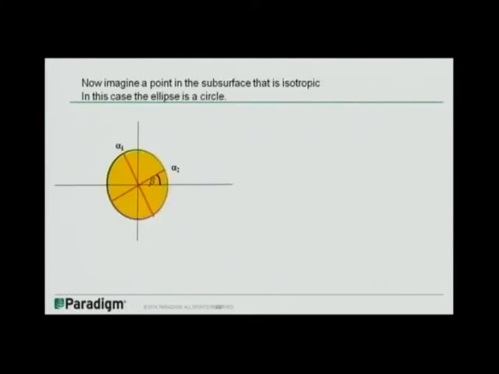Why? Because when we fit an ellipse to a point which is isotropic, the ellipse is a circle. And when you have a circle, you cannot determine the orientation. So the orientation becomes what we call unstable, and a lot of these analyses fail because they're trying to create an answer everywhere.